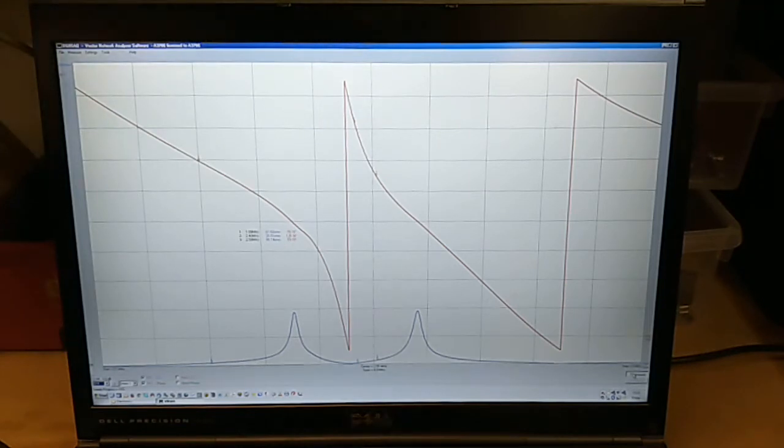Because when the spark gap fires, in effect there is a short circuit or very, very low impedance across the spark gap. The two tank capacitors become joined together at their ends, and they discharge through the primary circuit, or they ring down, causing that burst that we saw on the oscilloscope in the secondary.